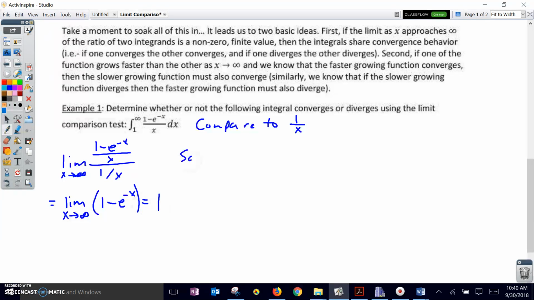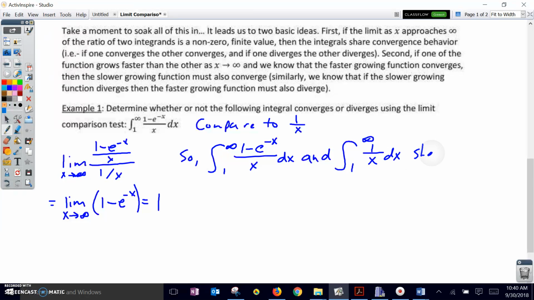So, the integral from 1 to infinity of 1 minus e to the negative x over x, and the integral from 1 to infinity of 1 over x, same limits of integration, share convergence behavior.